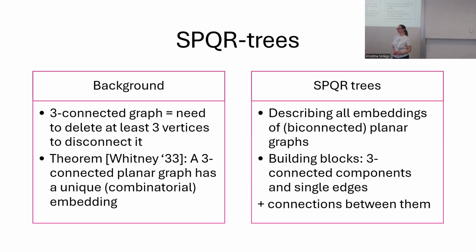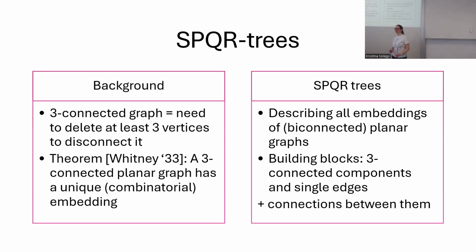And unique here, of course, does not mean geometrically unique, because if you just slightly move some vertices, you get a slightly different embedding, but unique in a combinatorial sense, namely that the set of vertices that correspond to faces is unique. And using this theorem, we can actually construct these SPQR trees that describe all embeddings of biconnected planar graphs.